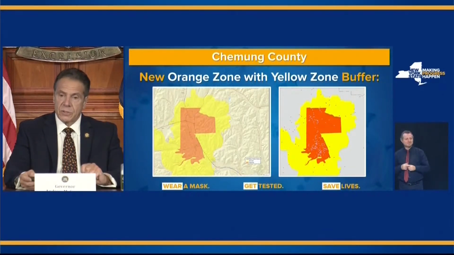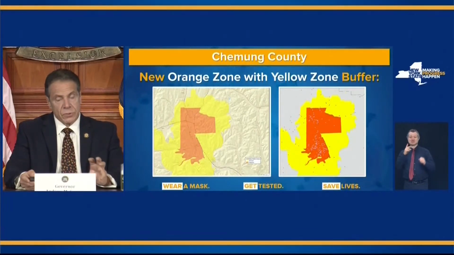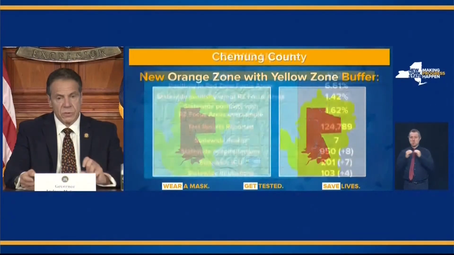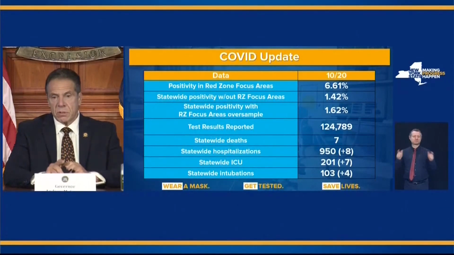And you see the concentration of cases in the slide on your left. But it's always the same concept. The concentration of cases becomes the most intense zone, and then we have a buffer zone because that's where it's going to spread next.